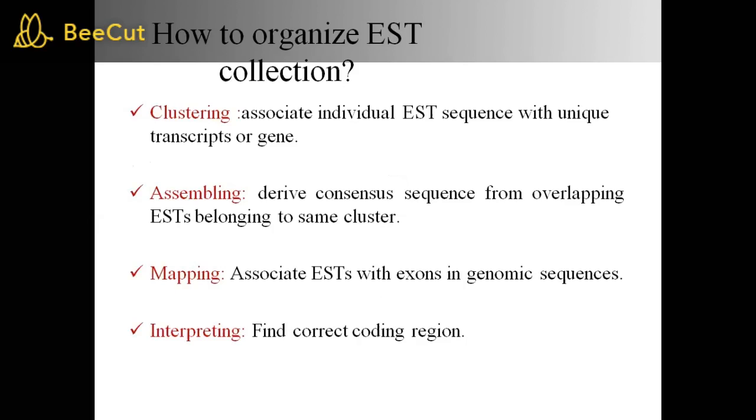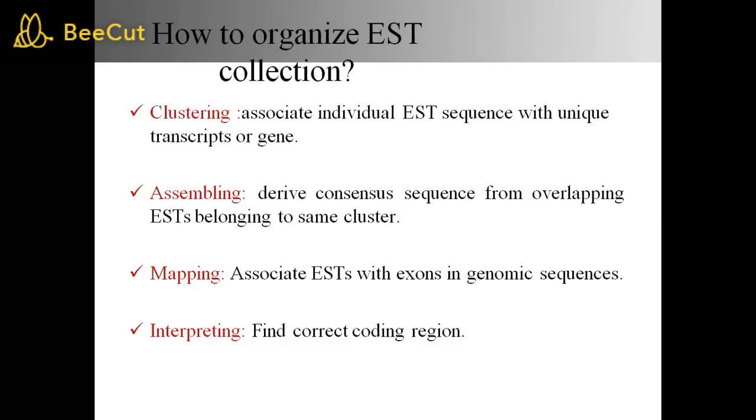Next is how to organize expressed sequence tag collection. There are 4 steps: clustering, assembling, mapping, and interpreting. In clustering, associate individual expressed sequence tag sequences with a unique transcript or gene.